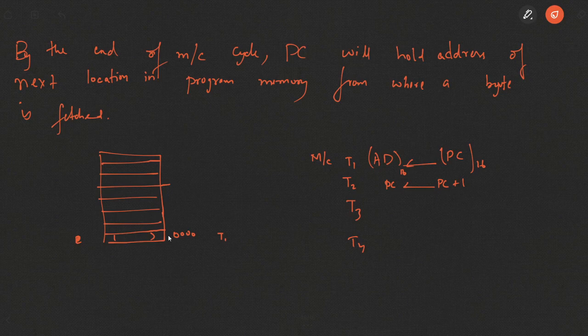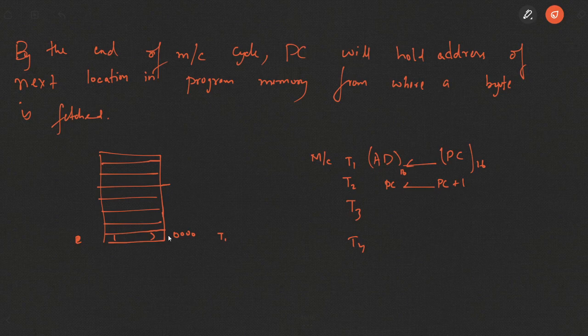The program counter feeds the address of the memory location from where the instruction is to be fetched, which is written onto the address bus so that it is forwarded to the microprocessor for further processing. In the T2 state, the program counter is already incremented by 1, so that it points to the next location.